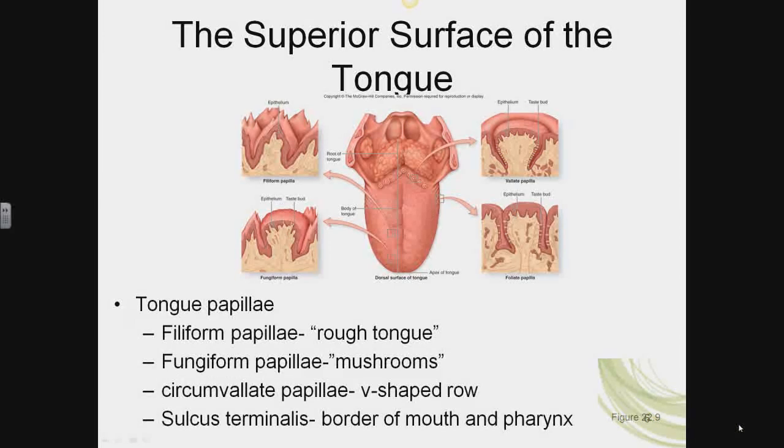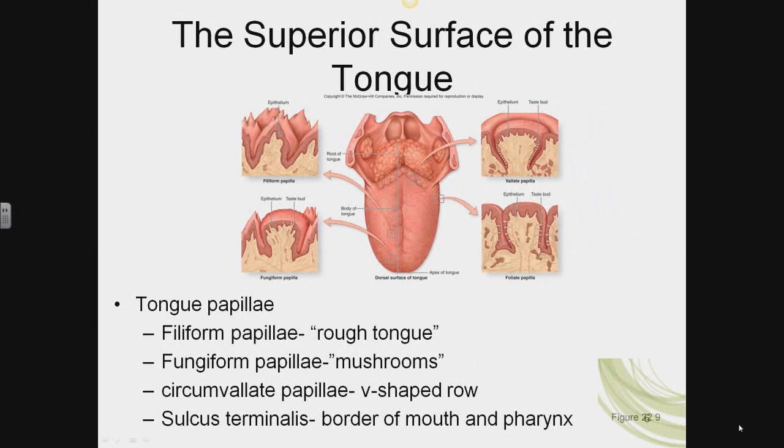And then the vallate papillae, or sometimes called circumvallate papillae, are the least numerous, but they are the largest papillae. And they are arranged in an inverted V-like shape on the posterior side of your tongue. And the border that you're seeing there, between the vallate papillae and the root of the tongue, that space is called the sulcus terminalis.